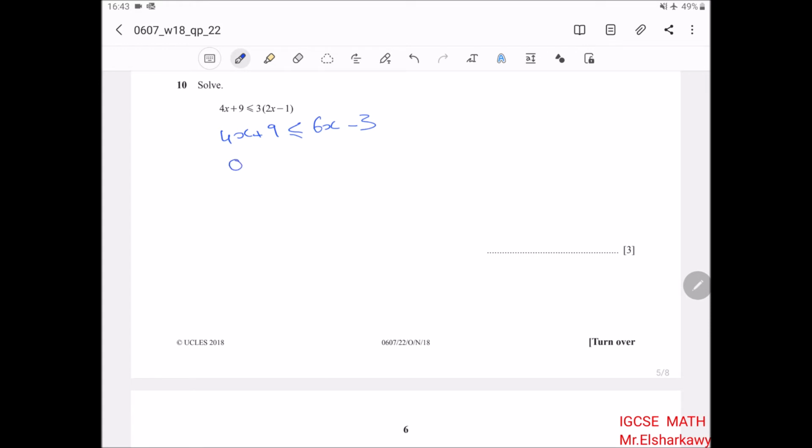So it will be 0 is less than or equal to 6x minus 4x minus 3 minus 9. This is equivalent to 2x minus 12 is greater than or equal to 0. So we can divide by 2. 0 is less than or equal to x minus 6. So here x is greater than or equal to 6. So this is our answer.